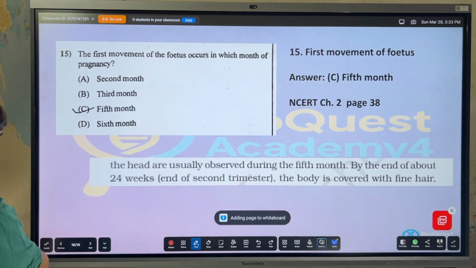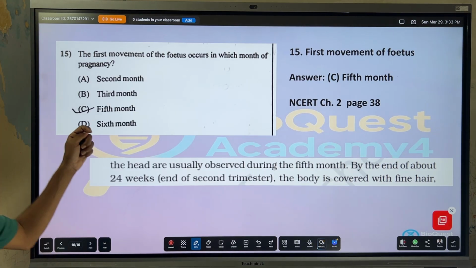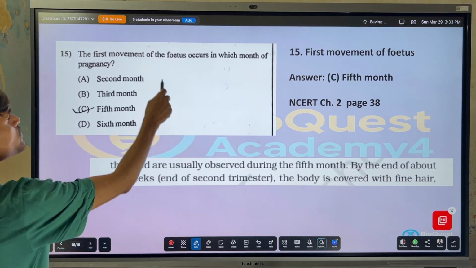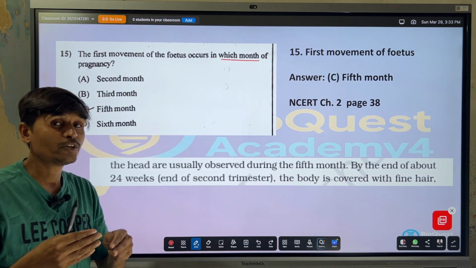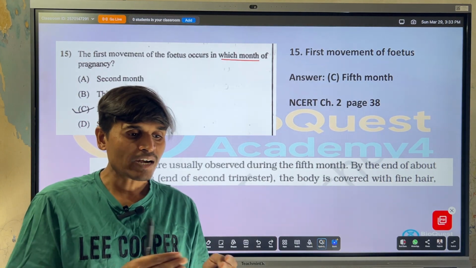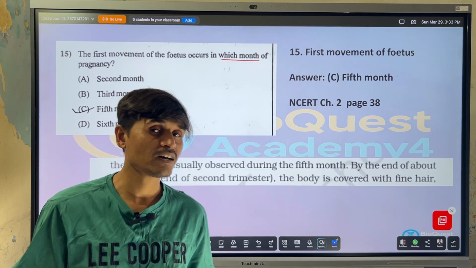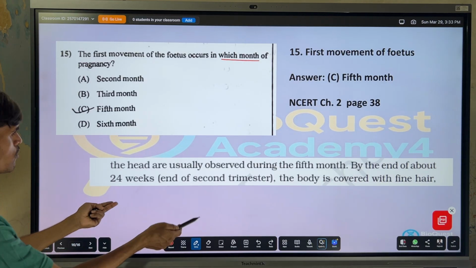Next question 15. The first movement of the fetus occurs in which month? Means during the period of pregnancy, at what time exactly can you see the first movement of the fetus? Again, this is a cutting of the textbook.